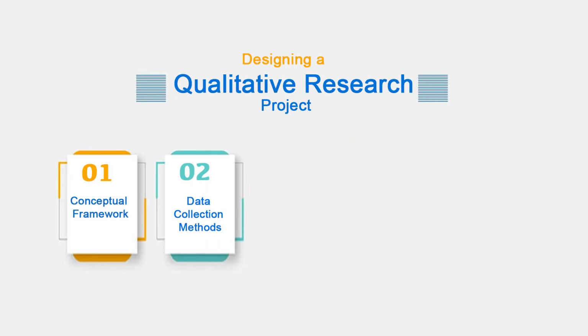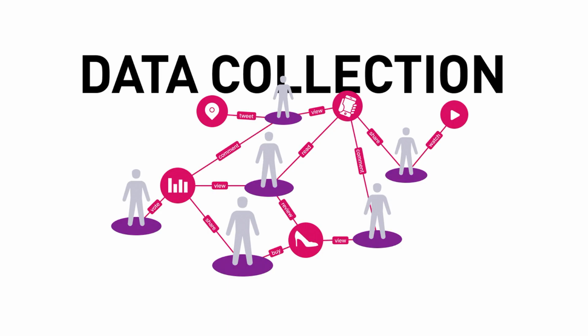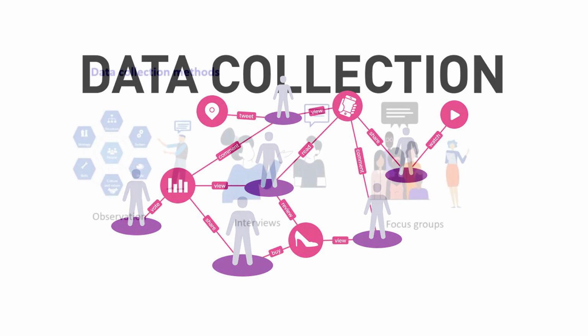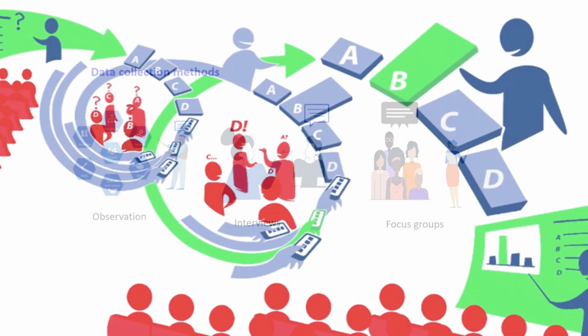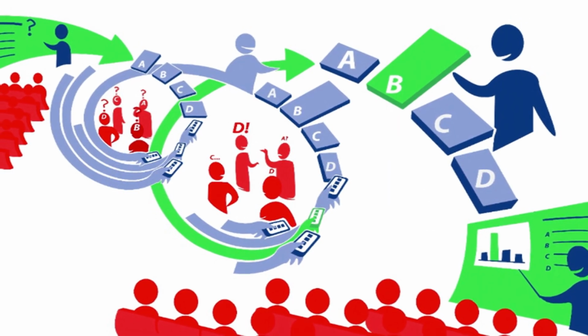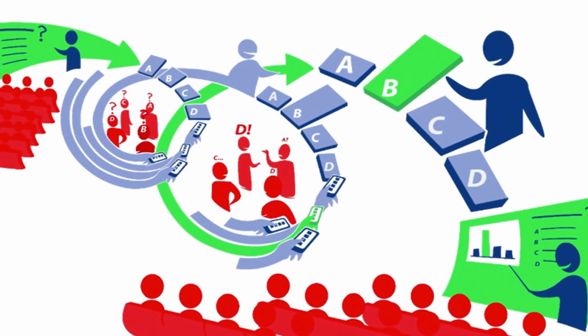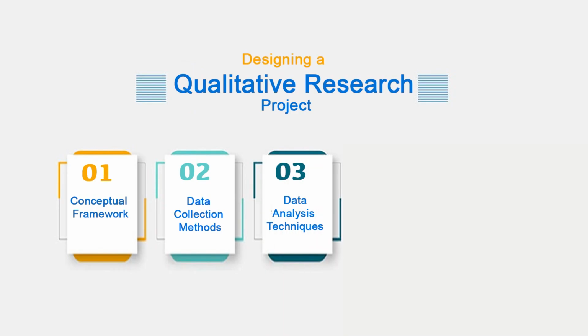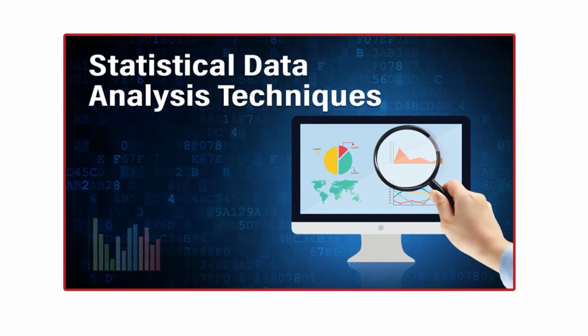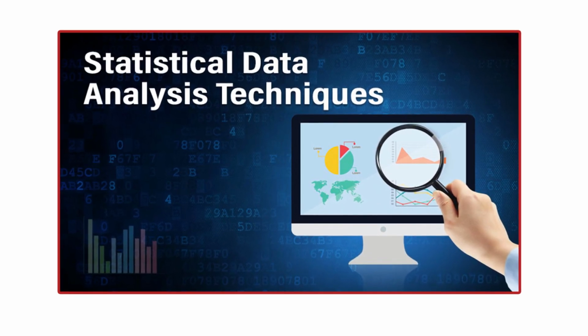Data collection methods. Choosing the right way to collect data is a very important choice. There are a number of tools such as participant observation, in-depth interviews, focus group discussions, and a deep dive into content analysis of relevant documents and artifacts. Data analysis techniques. It reveals its findings, which helps in interpretation.